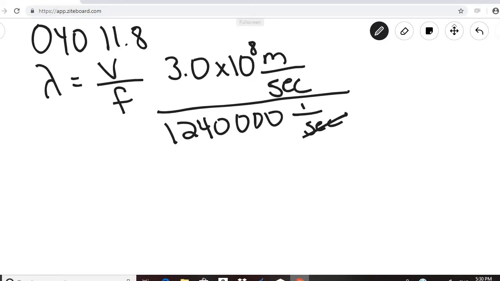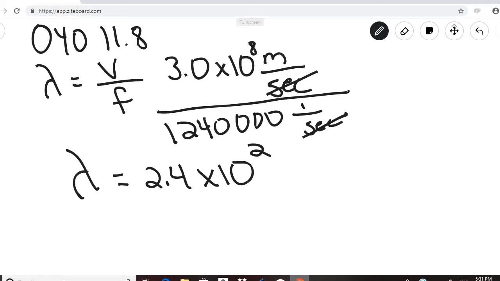So the seconds are going to cancel, and you're going to be left with meters. So if we do that math, and we can have two significant figures, you should get 2.4 times 10 squared meters.